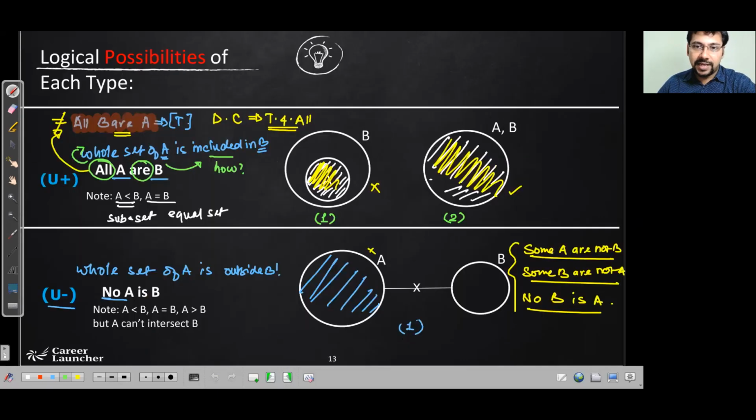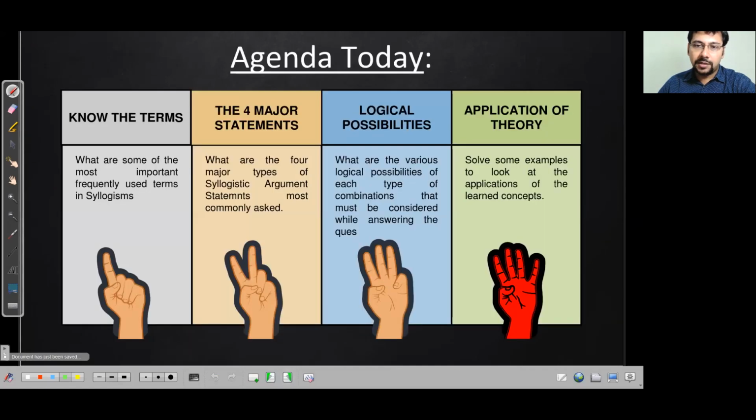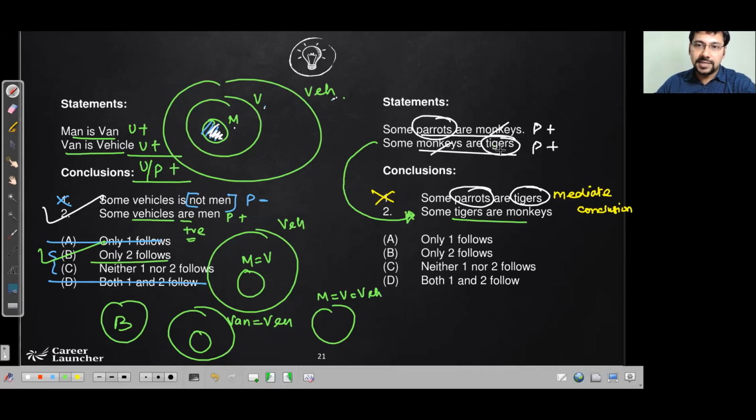In that case, if some monkeys are tigers, I can say some tigers are monkeys. And in this case also, I can say some monkeys are parrots. So "some tigers are monkeys" is coming from only this and therefore is definitely valid. And therefore the answer to this question also becomes Bombay.